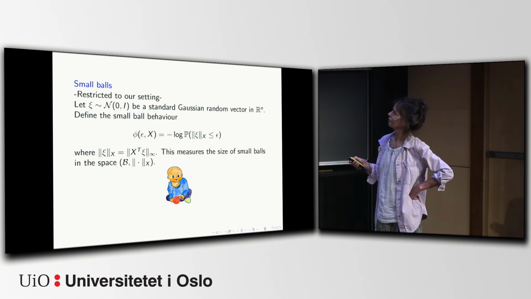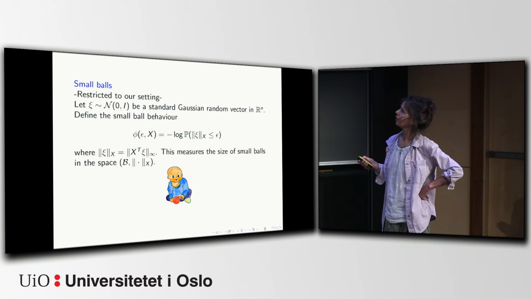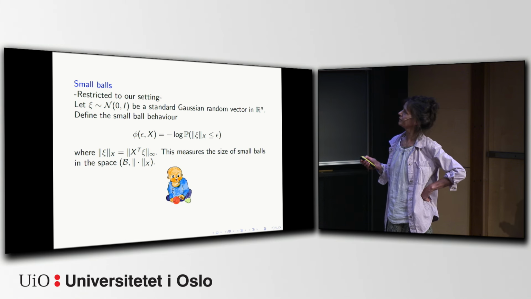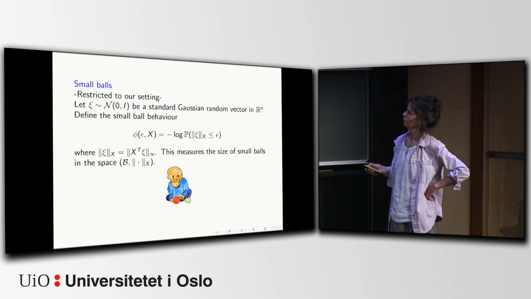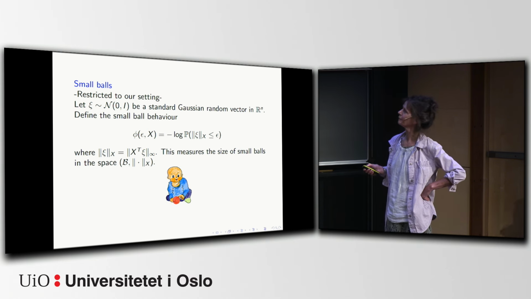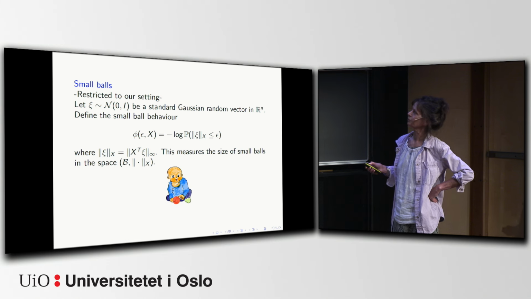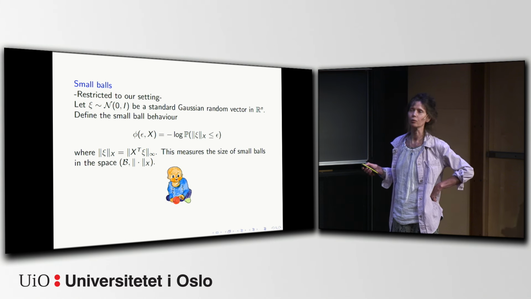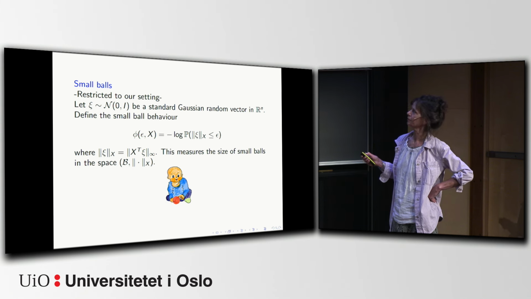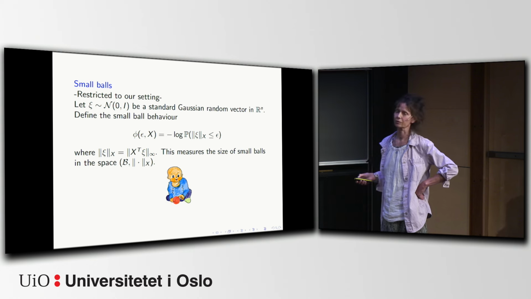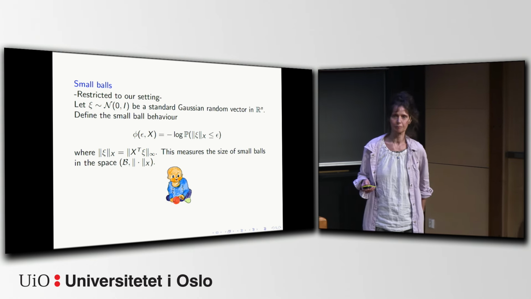And then the small ball estimate is this quantity. Here's the small ball. So you go to some kind of dual norm. Maybe people who know this like to see it, but otherwise don't worry. You go to some kind of dual norm, and then you measure the size of a Gaussian vector in terms of this norm, and take minus the logarithm because it will be exponential type of behavior.